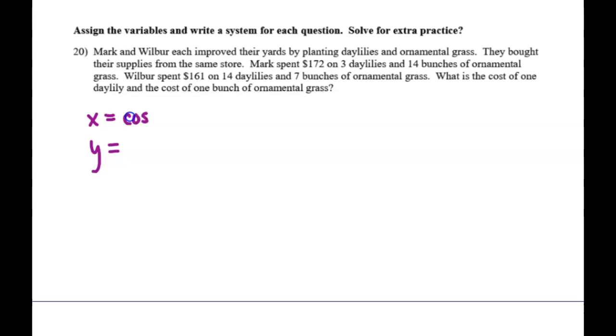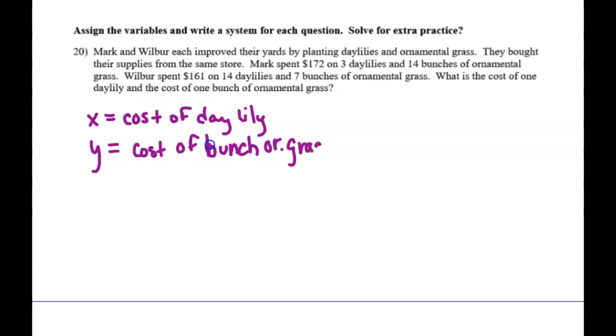The cost of a daylily and the cost of a bunch of ornamental grass. Please be specific, okay?